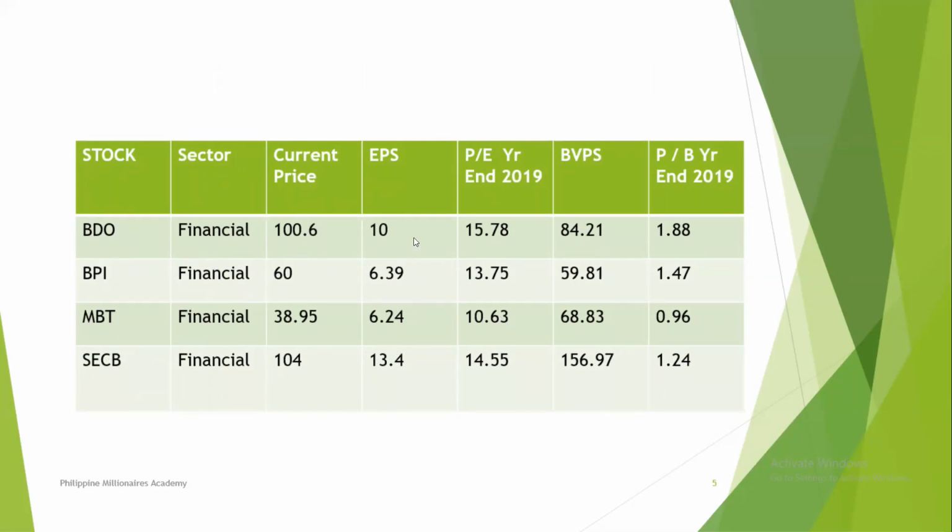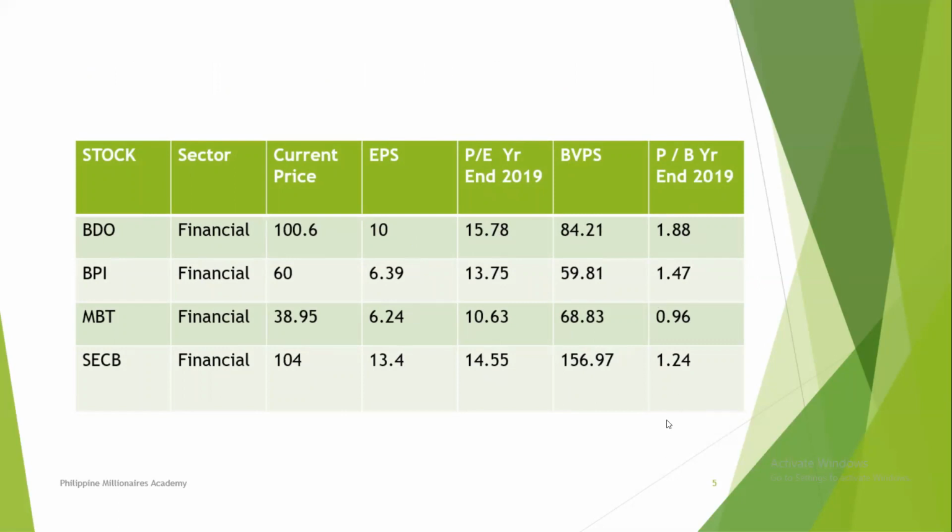Their EPS is here. Their PE ratio based on 2019 year end is these values. The book value per share, we have it here. And the PB ratio based on 2019 year end is this value.